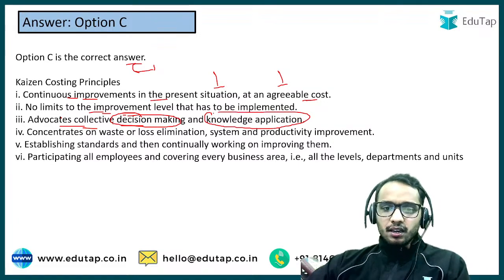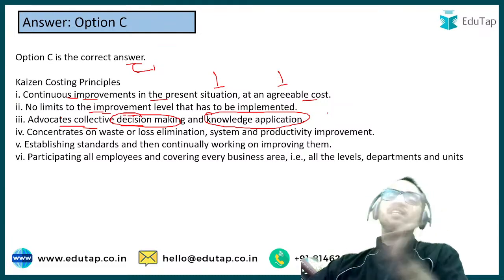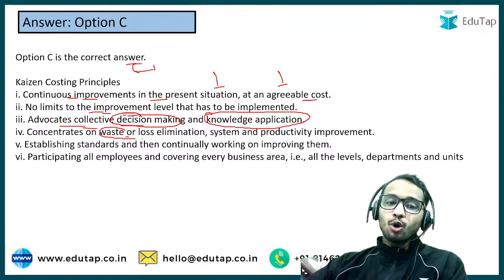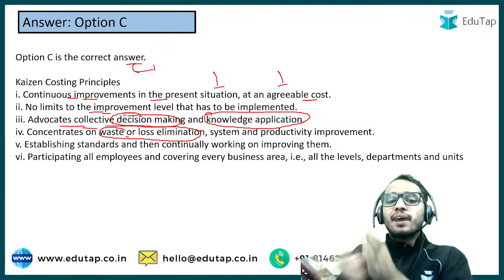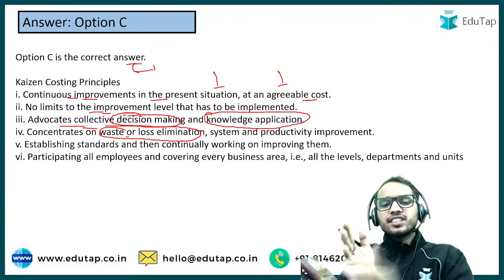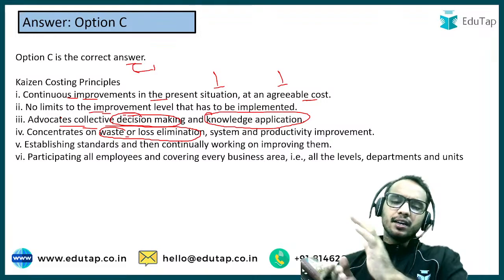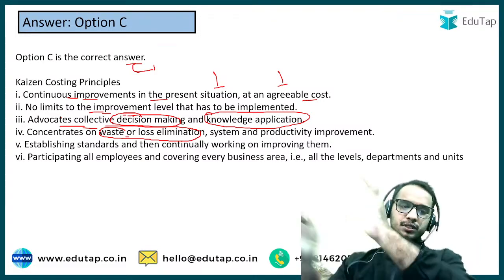So it doesn't talk about autocratic decision making. And it also concentrates on waste or loss elimination. So you are improving by eliminating continuously your wastages, system or any productivity improvement that is needed, and thereby you are continually improving your systems.